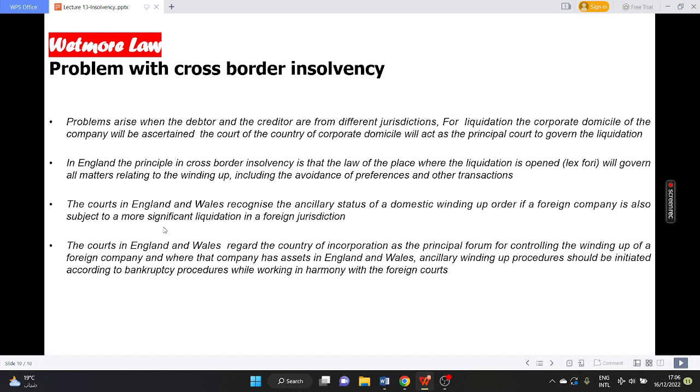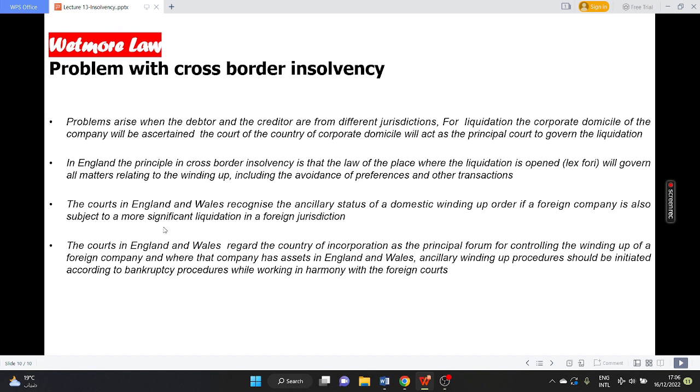In England, the principle in cross-border insolvency is that the law of the place where the liquidation is opened, lex fori, will govern all matters relating to the winding up, including the avoidance of preferences and other transactions.